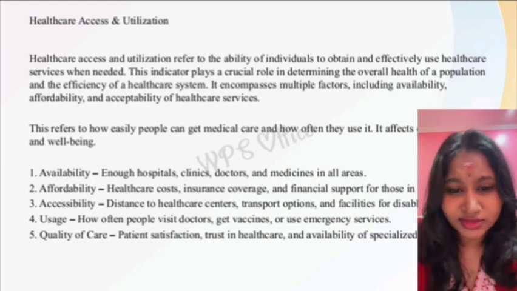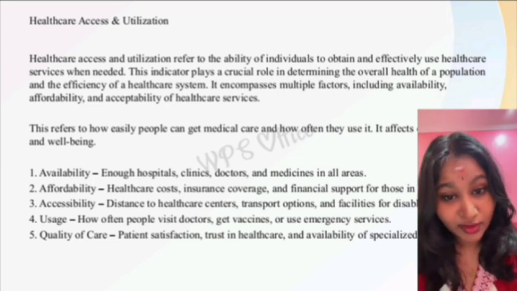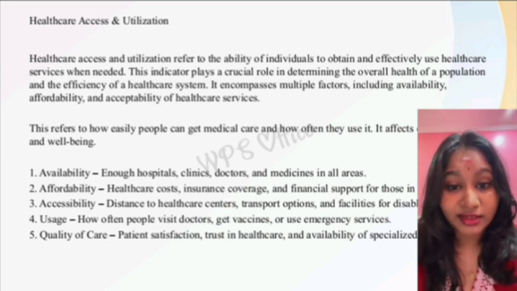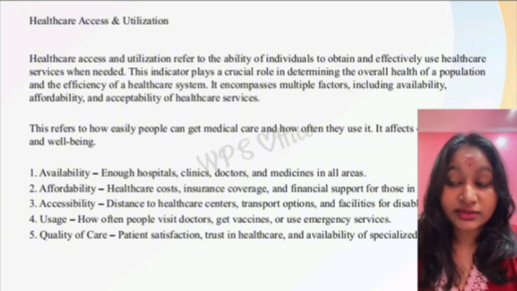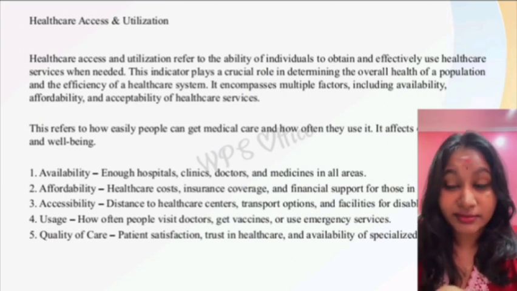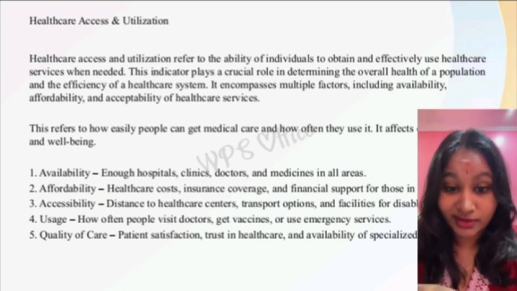When the doctors and the hospital staff give the perfect medication for the patients, they are satisfied with their treatment and get cured. So basically, this is what the healthcare indicator mainly defines. Imagine you or someone in your family gets sick, so you need to get better.